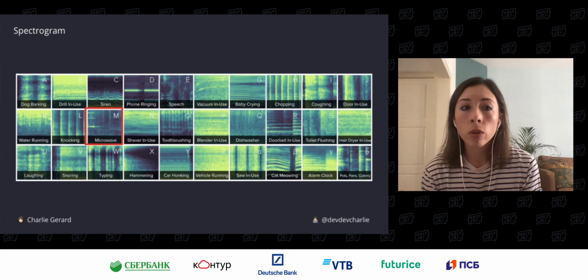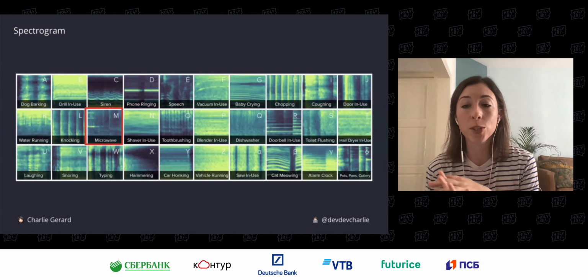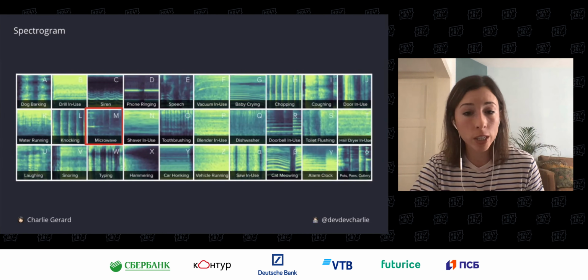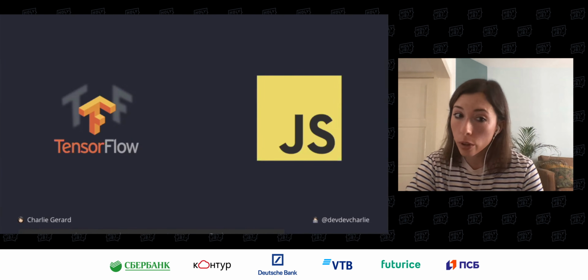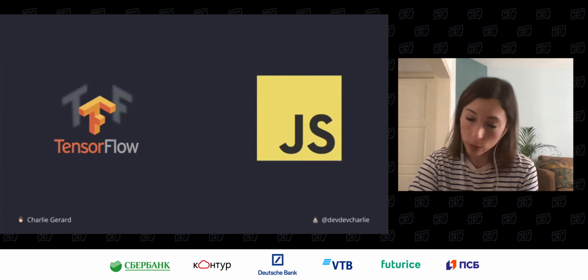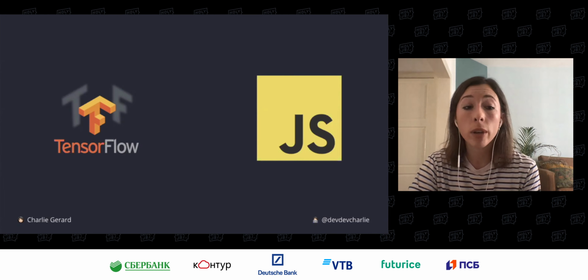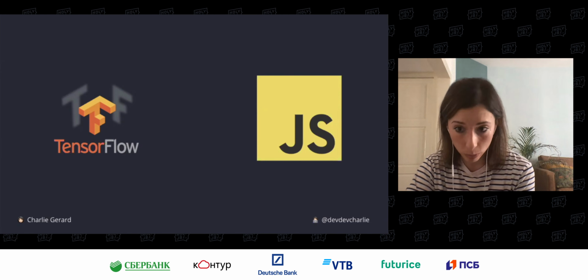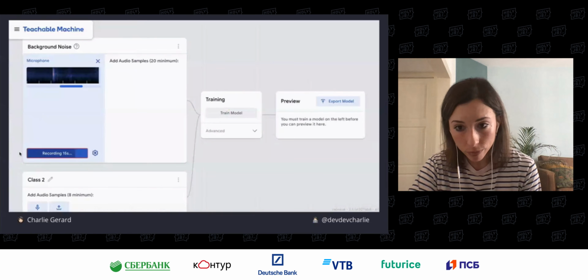But how would we go about building the recognition system? To do this with web technologies, we're going to use TensorFlow.js. If you've never heard of it before, it's a JavaScript framework based off of TensorFlow, developed by Google, that is originally in Python, but now can also be used in JavaScript, to build experiences using machine learning in the browser.